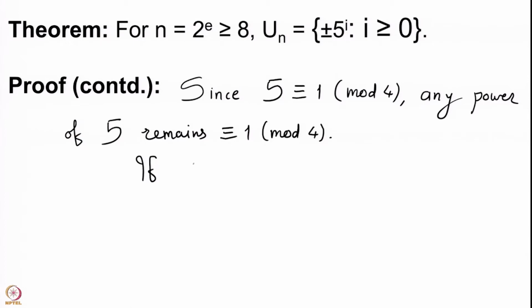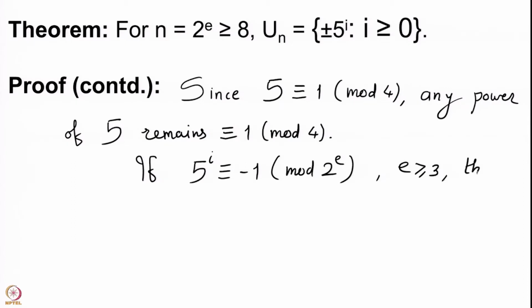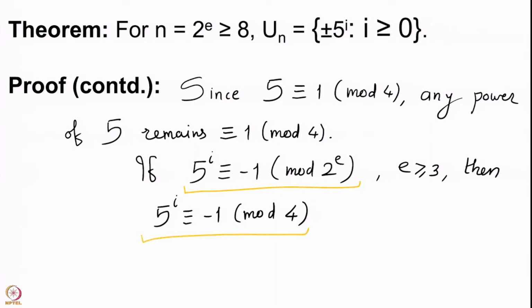If we have 5 power I to be congruent to minus 1 mod any of these 2 power e, where we remember that we are taking e to be bigger than or equal to 3, then 5 power I will give you minus 1 mod 4 as well, because this will tell you that 2 power e divides the difference of these two, and 2 power e being a multiple of 4, it will tell you that this should also happen, but this gives you a contradiction.